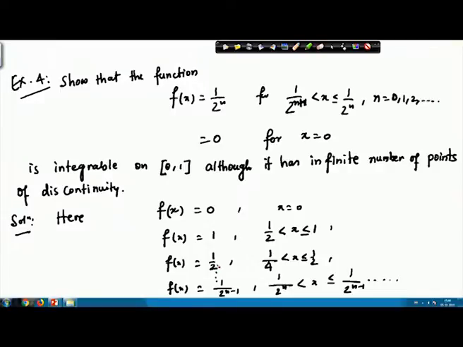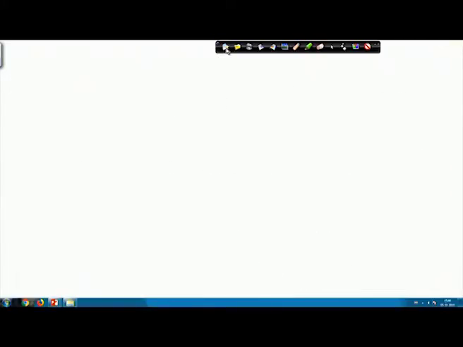So f is bounded and monotonic on [0, 1], the given interval in the problem.